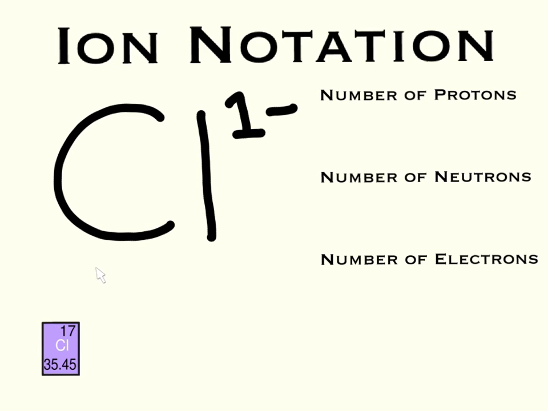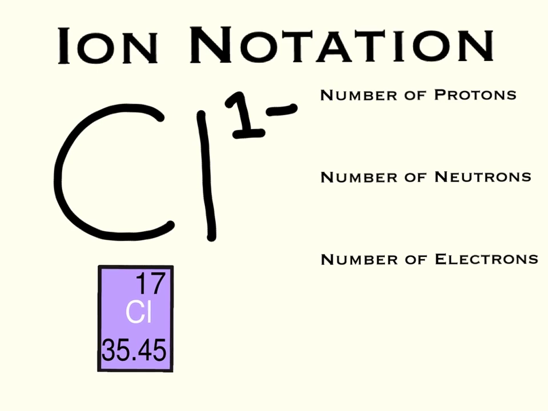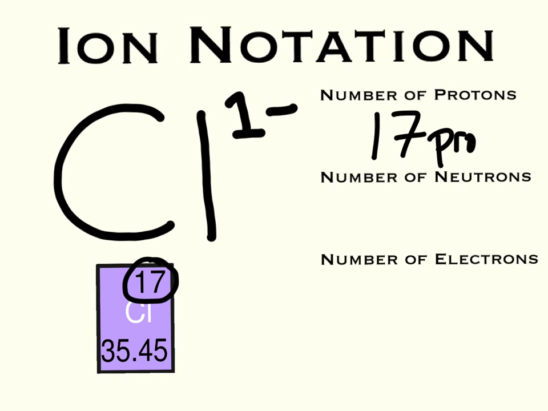Now, if we pull up the actual chemical symbol, the fact that it's chlorine tells me that I will have 17 protons. That number is always going to be the same, no matter what. I can only have 17 protons, otherwise it's not chlorine. So I know that right off the top.